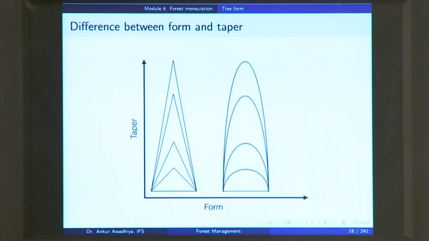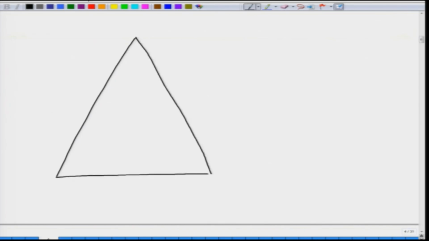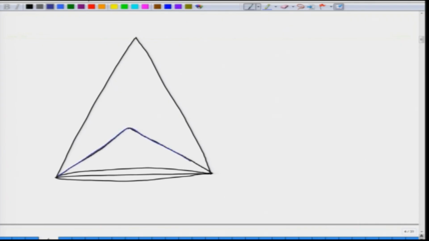So, what we are saying here is that you have these two solids with the same form. Both of these solids are cones. Now, in the case of this blue solid, let us say that this is the diameter d at this point, and this much is the height h.